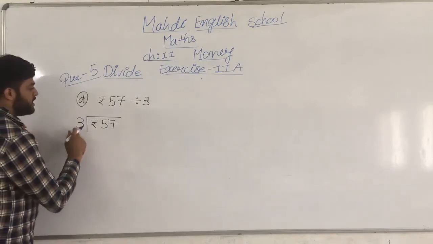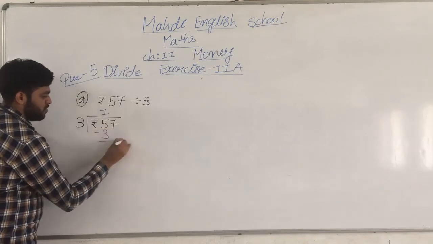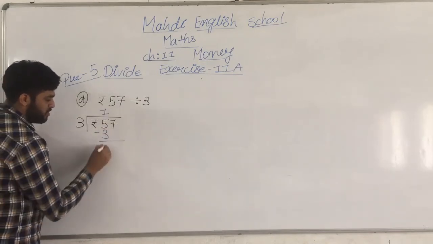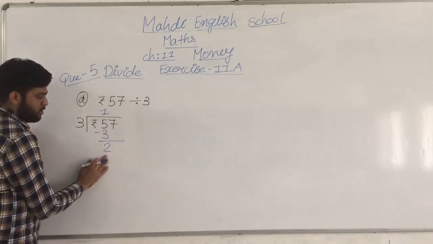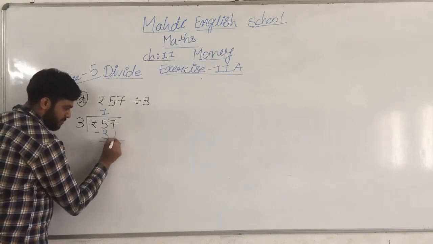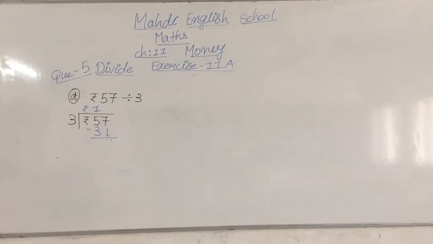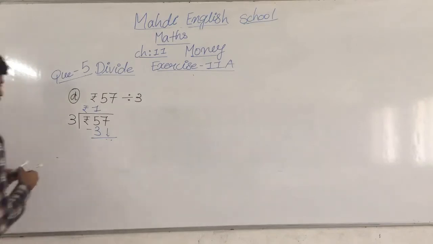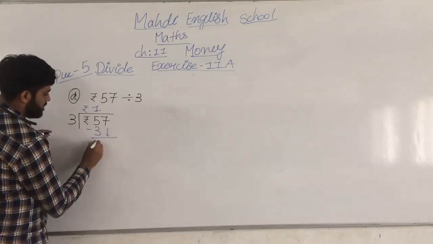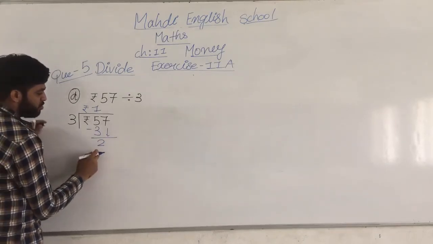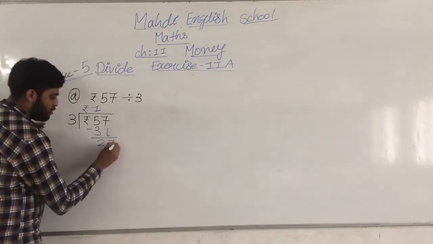Only one digit. 3 ones are 3. 5 minus 3, how many left, dear students? 2. 5 minus 3 is equal to 2 left. Then we bring it down as 7. So I am going to put here the 7.